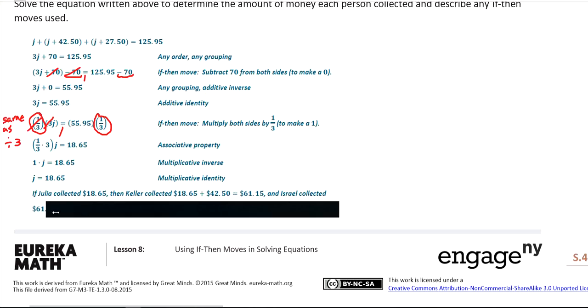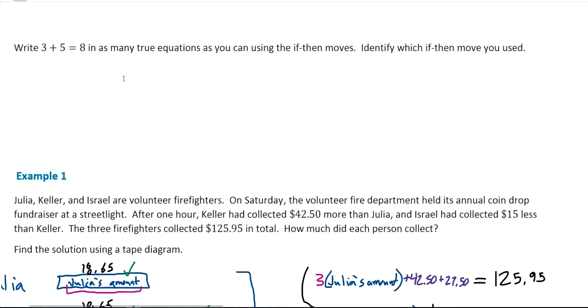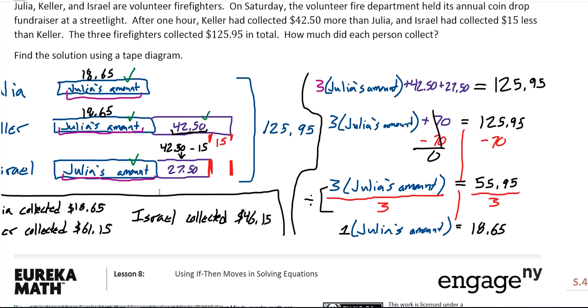And Israel collected $15 less than Keller. So we do Keller's amount minus $15, and that gives us Israel's amount. So Israel collected $46.15. So all that is an example of how we could have used algebra instead of all this fancy stuff up here.